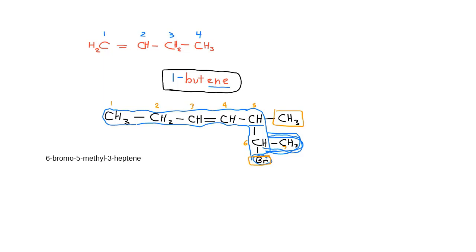Why is it called 3-heptene? Because the double bond is in between carbons number 3 and 4, and I always have to go with the lower number. I have to indicate where it is. So 6-bromo, 5-methyl, 3-heptene.